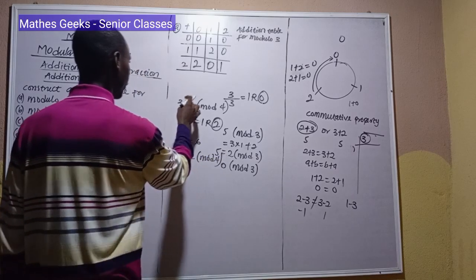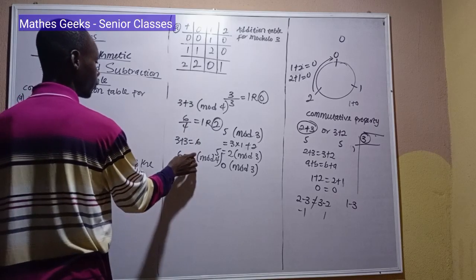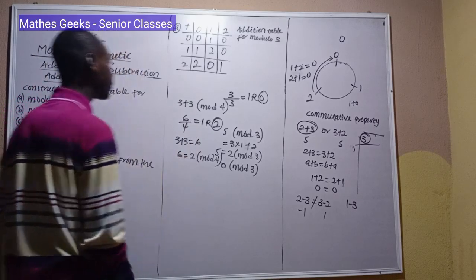So when you are constructing the table, and when you get to 3 plus 3, this is what you're going to put, not the 6.